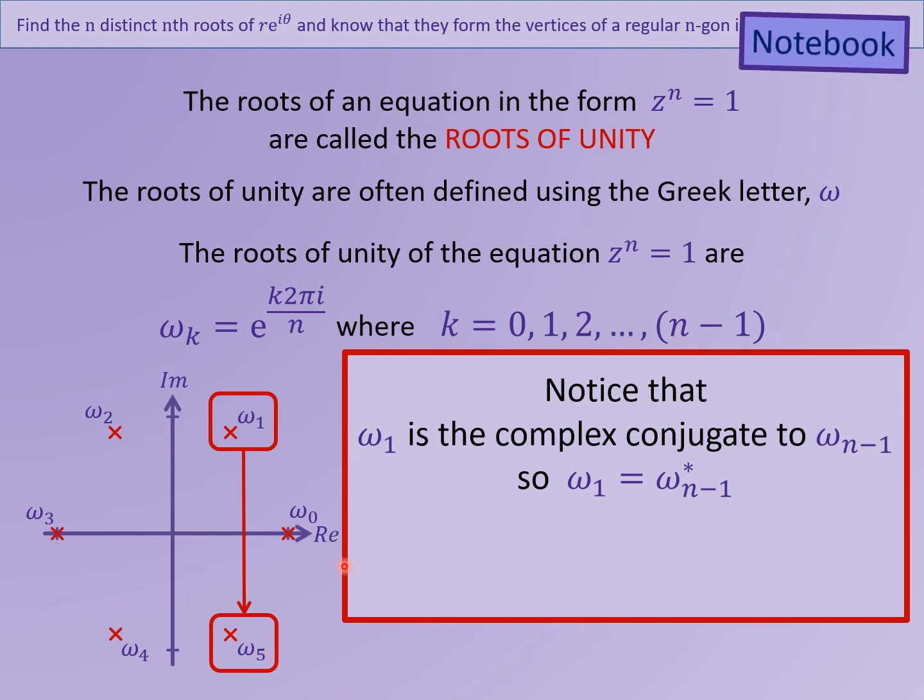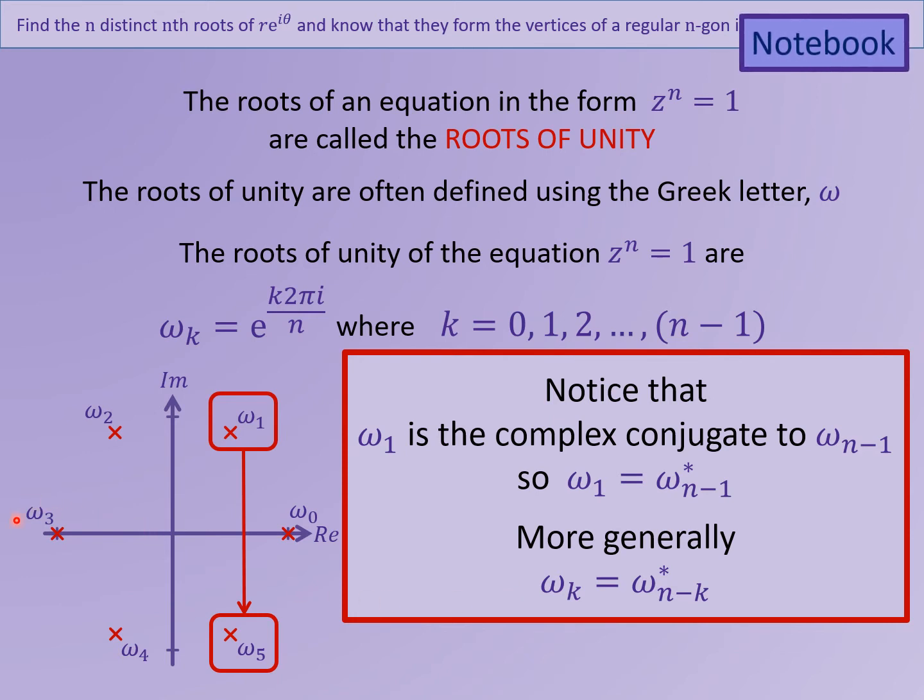More generally speaking, it's important to be aware that if I've got W1, it is a complex conjugate of the one before the end, one before you get back to number 1. And notice that that's true for omega 2 and omega 4, same there. So more generally speaking, you can get this fact.